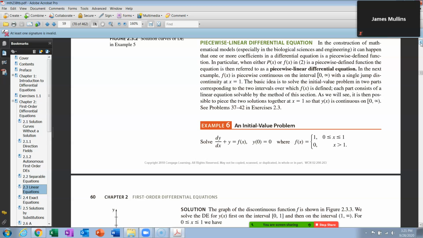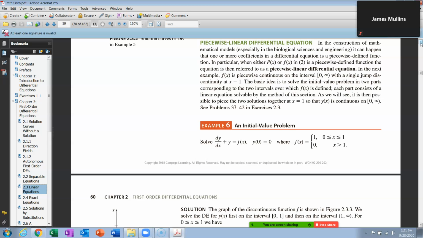In particular, when either the p of x or the f of x in your standard linear differential equation is a piecewise defined function, the equation is then referred to as a piecewise differential equation.